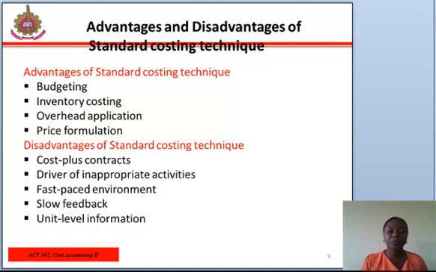Overhead application. If it takes too long to aggregate actual cost into cost pools for allocation of inventory, then you may use a standard overhead application rate instead and adjust this rate every few months to keep it close to the actual cost. Next is the price formulation.